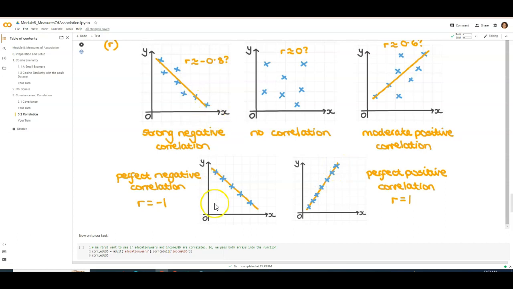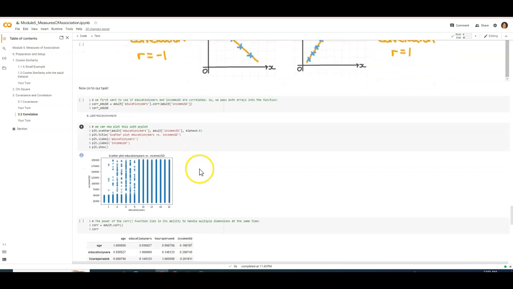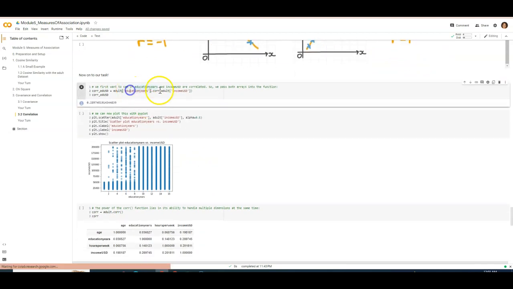All right, so how does this work in Python? Let's see if education years and income USD are connected. For that, we are going to set up our corr variable, edUSD, and here's what we're going to stick into it.